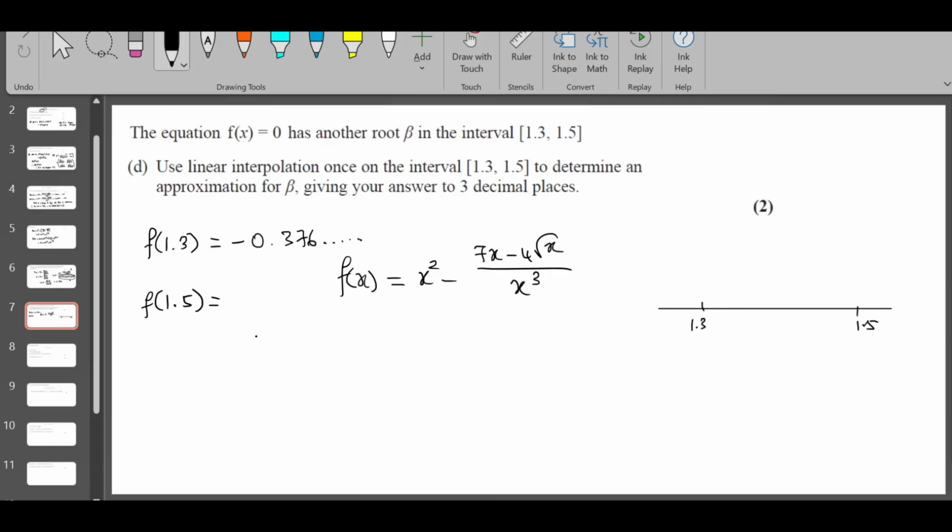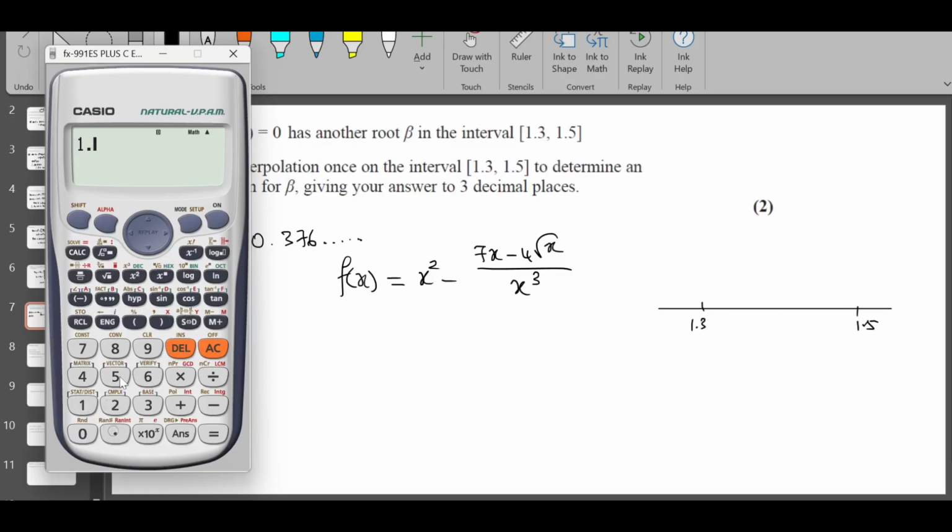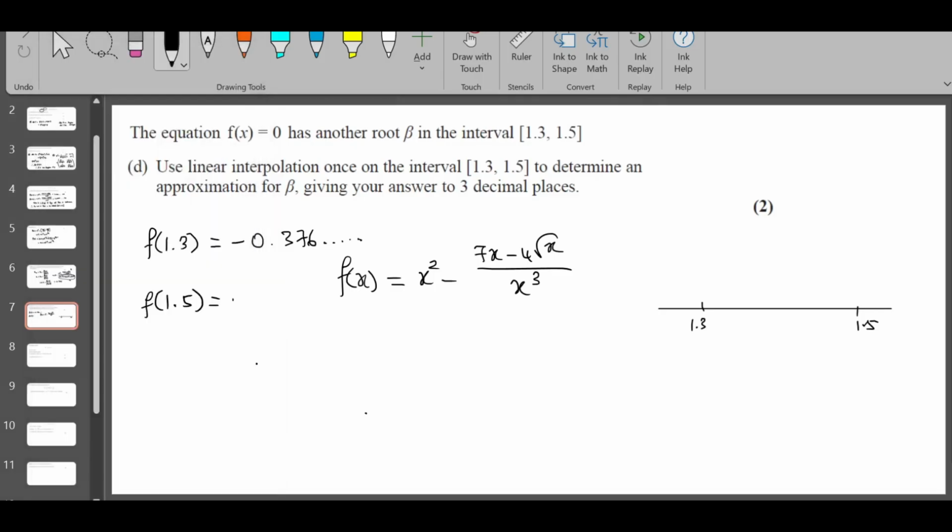Now let's find f of 1.5. 1.5 squared minus 7 times 1.5 minus 4 square root of 1.5 divided by 1.5 to the power 3 is a positive number, 590 something. I'm going to store this value as d. 590 something, a positive number.